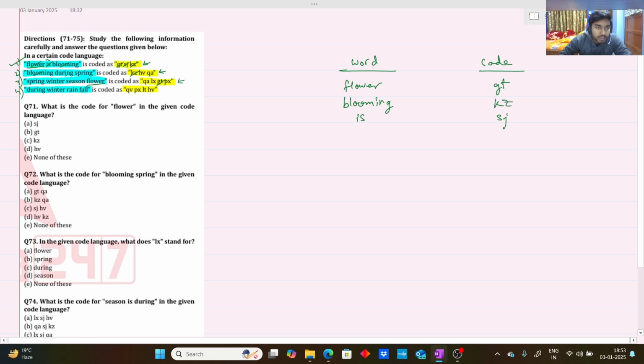Let's move on. I can see spring is present in the second sentence and the third sentence as well, and no other word is common among them. Since no other word is common, there will be only one code common between these two codes. Spring, QA. I can see that QA is common in both. That means spring corresponds to QA.